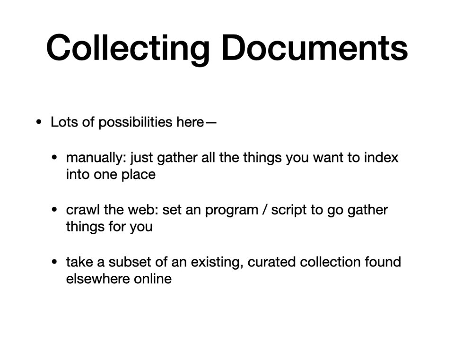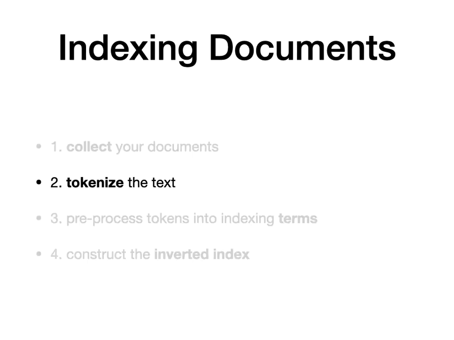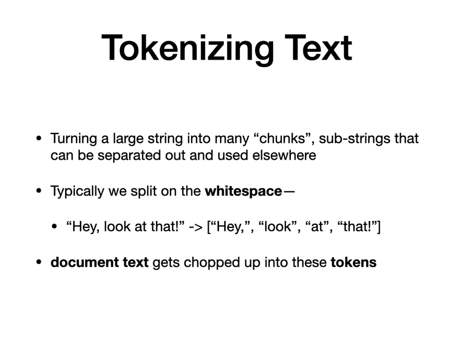Okay, so now for each of these documents, we got to turn it into something that can be indexed, right? So we'll talk about tokenizing the text. Again, we'll cover these in depth later about different ways and reasons you might tokenize differently, but for now, the basic idea of tokenizing text is you will take a large string and turn it into many chunks, little substrings that can be separated out and used elsewhere. Remember, strings are text, right? The sort of primitive in most languages is I can hold a lot of characters in one spot, a string, right?